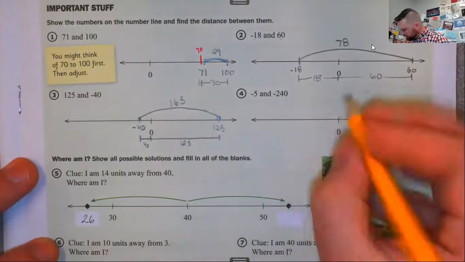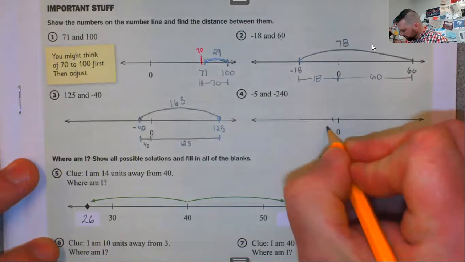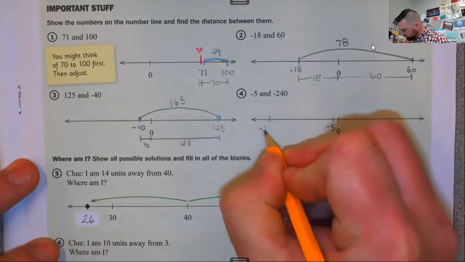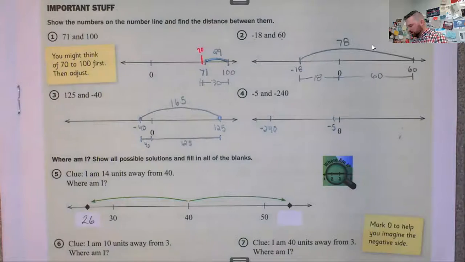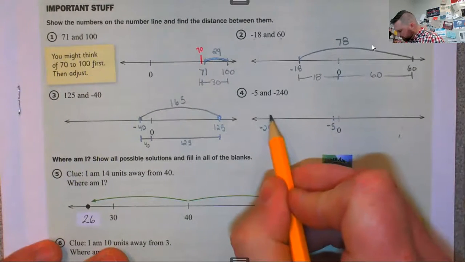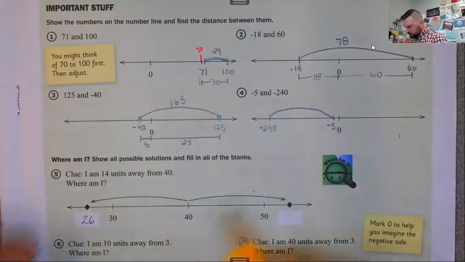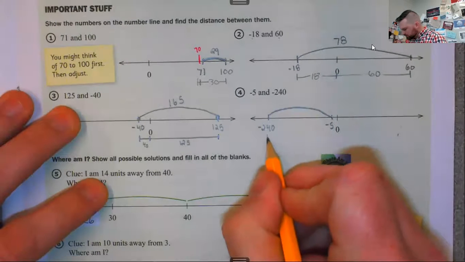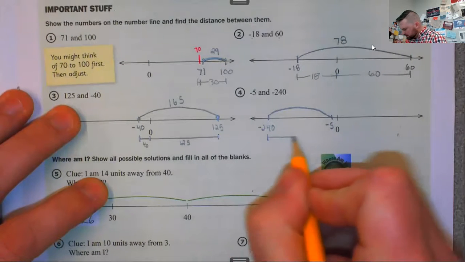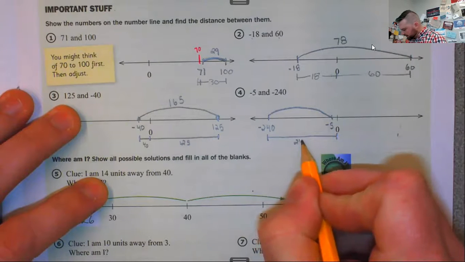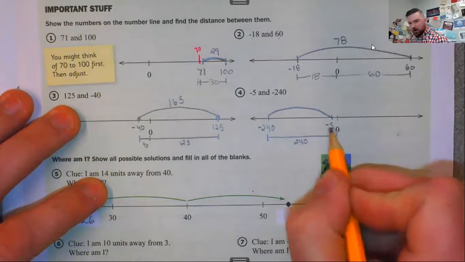All right, here we have negative 5. And we have negative 240. Okay, these are on the same side, so it's a little more difficult. So we want that distance there, okay? Well, what we can do is we can take the distance from negative 240 to 0, which is 240, but I need to take off 5.